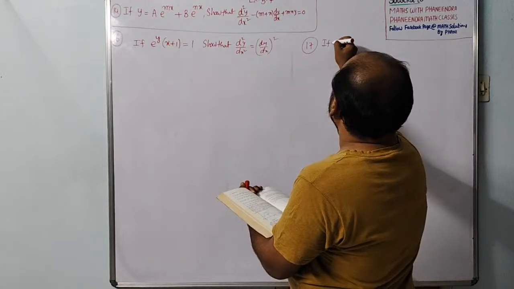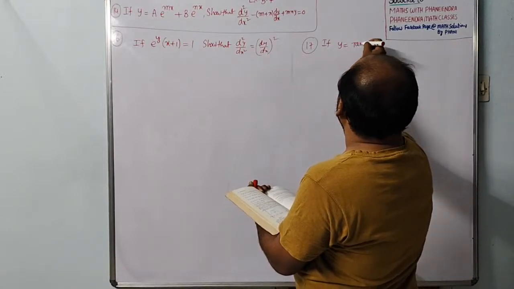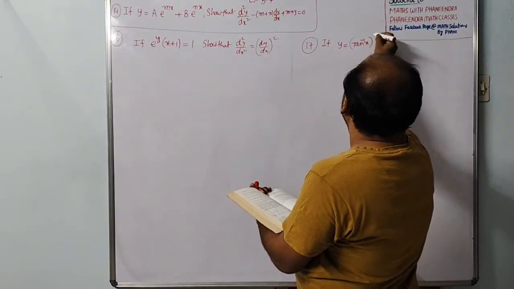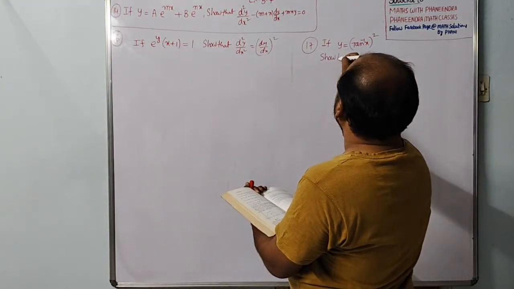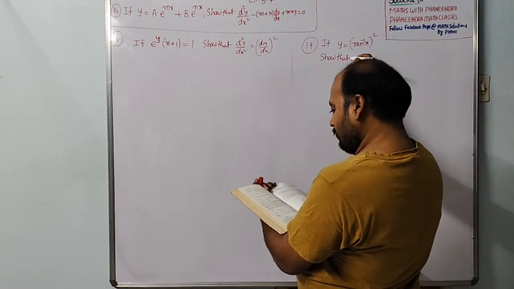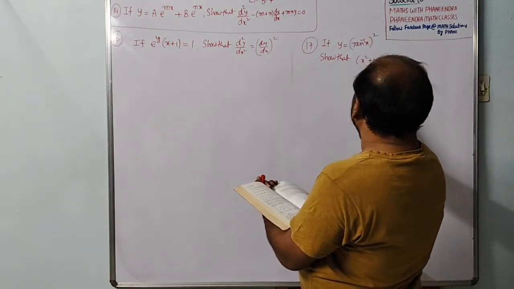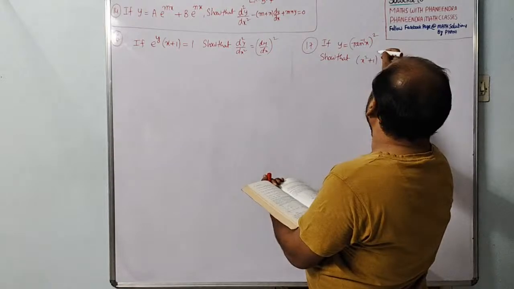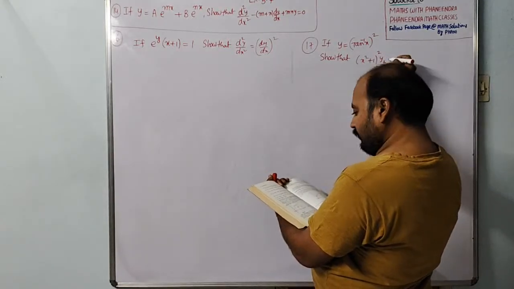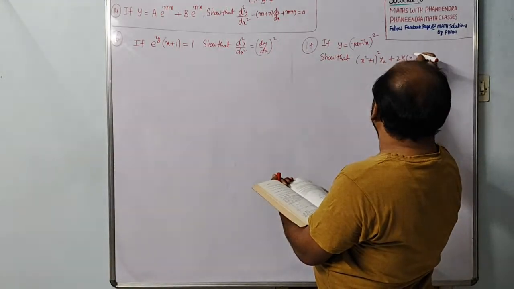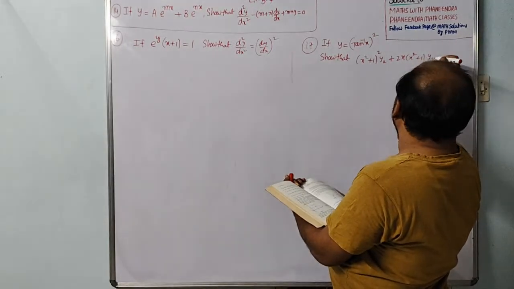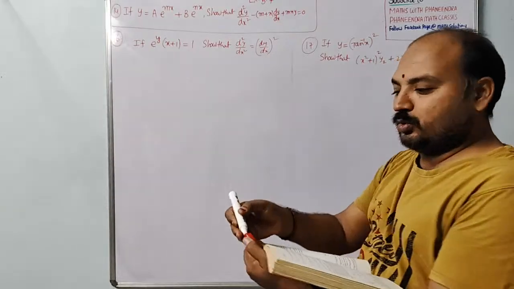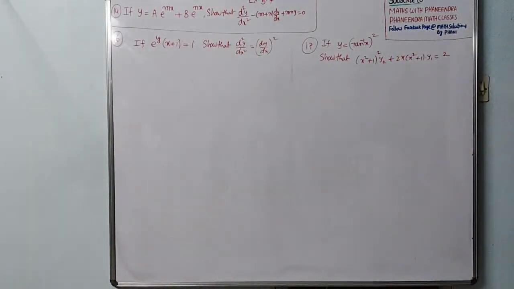If y equal to tan inverse x whole square, show that x square plus 1 whole square into y2 plus 2x into x square plus 1 into y1 is equal to 2. So this result we are going to do that.